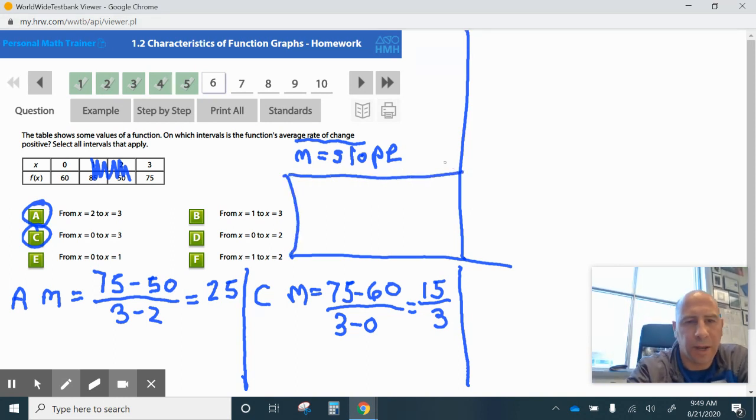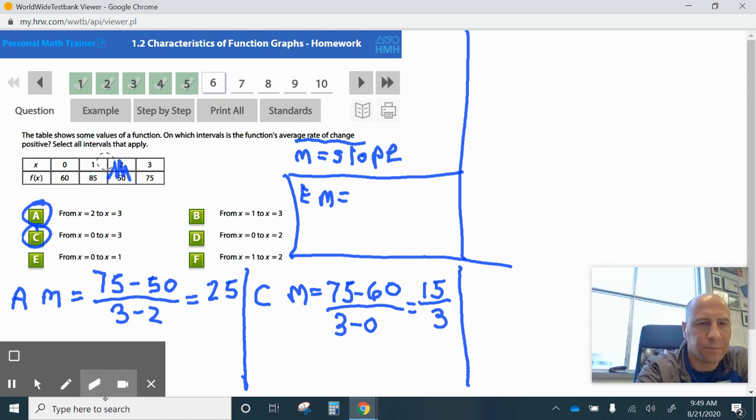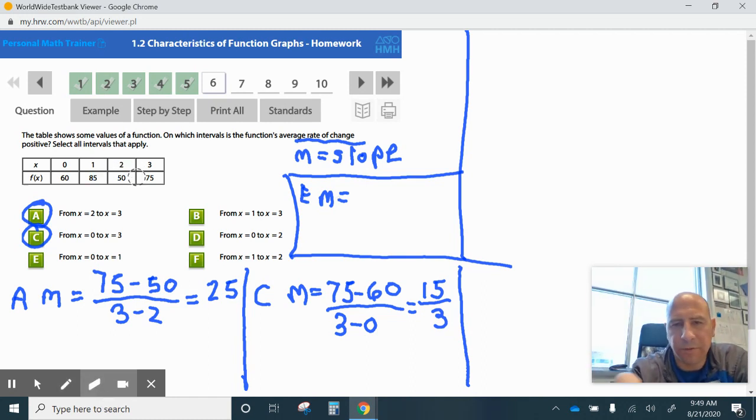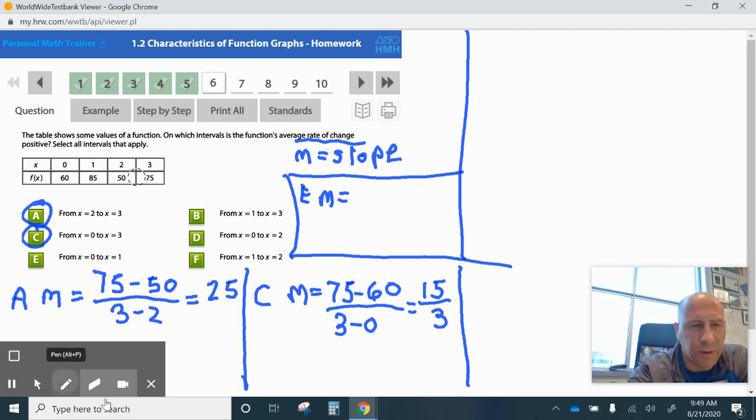All right, now let's look at E. m equals, so I'm doing my best to try to make as much space out of this as I can. m equals, let's see, we're looking at between 0 and 1.